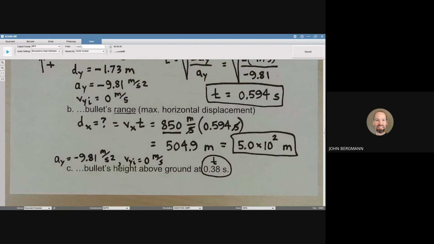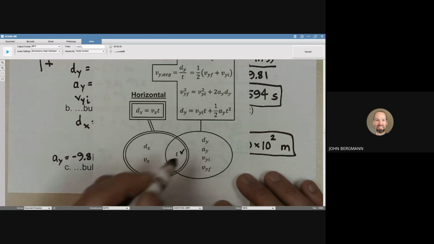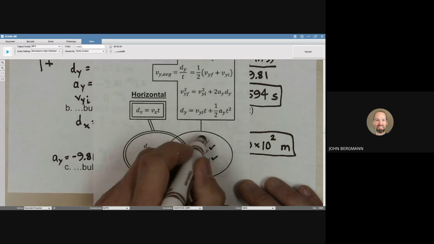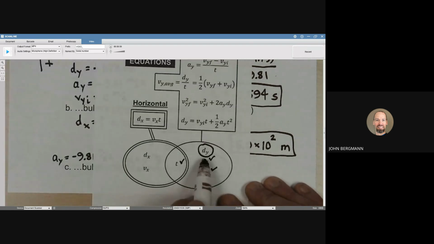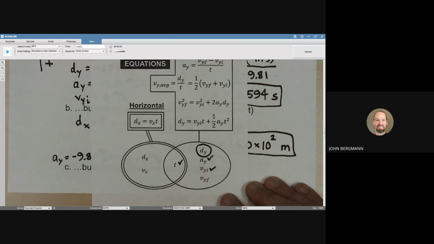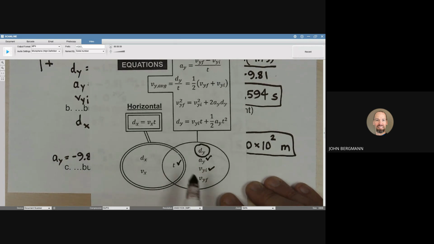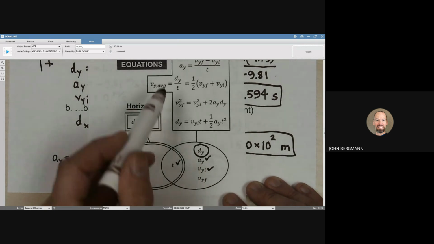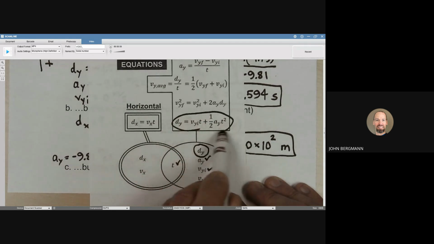So let's look at our equations here and see if we can find what we need. We've got the time, we've got ay, we've got Vy initial, and we want to find the height above the ground. Now what we're going to calculate is initially not the height above the ground. What dy is, is the distance downward that it has fallen. So let's find that first. And the equation that we want to use could be any number of these up here, but why don't we use that one again?